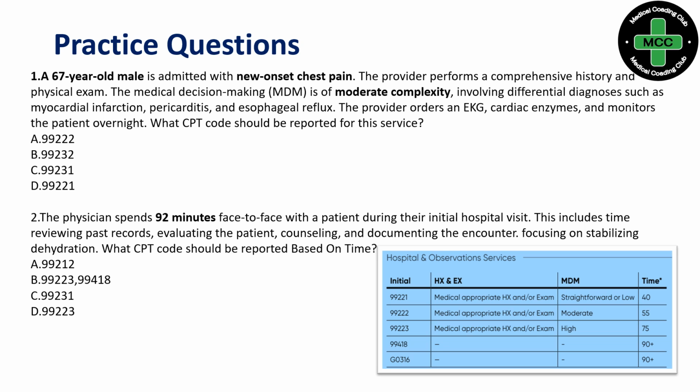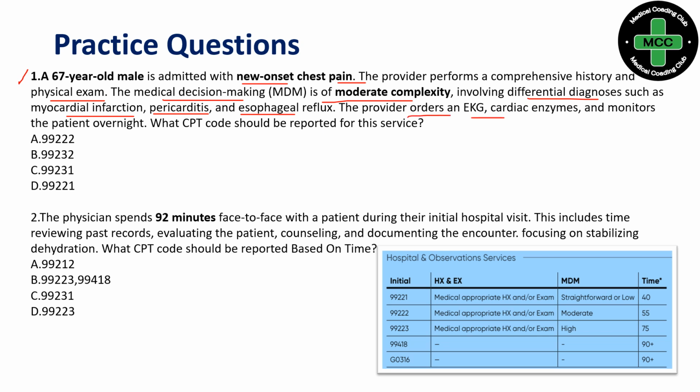So we'll quickly see a few practice questions for your better understanding. A 67-year-old male is admitted with new onset chest pain. The provider performs a comprehensive history and physical exam. Medical decision making is moderate complexity, involving differential diagnosis such as myocardial infarction, pericarditis, and esophageal reflux.